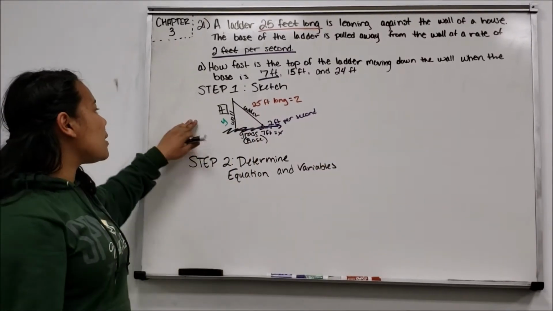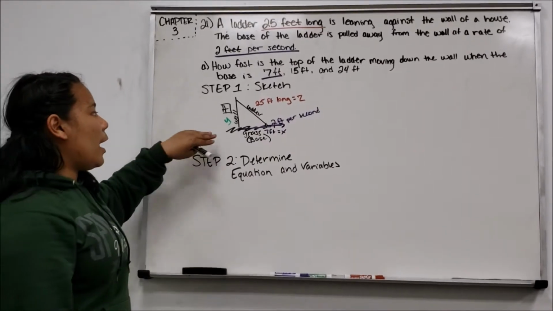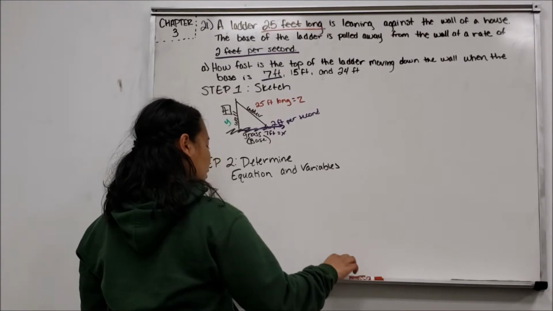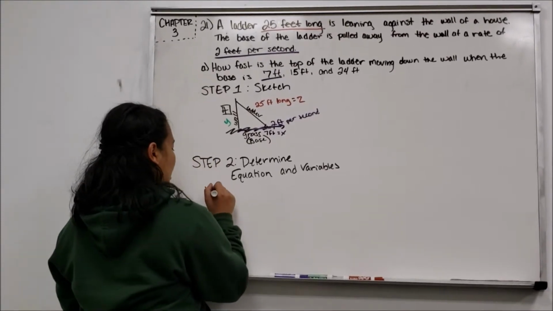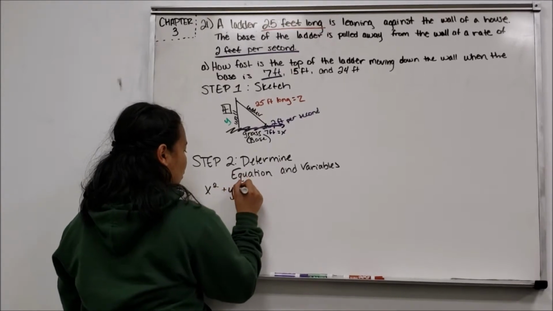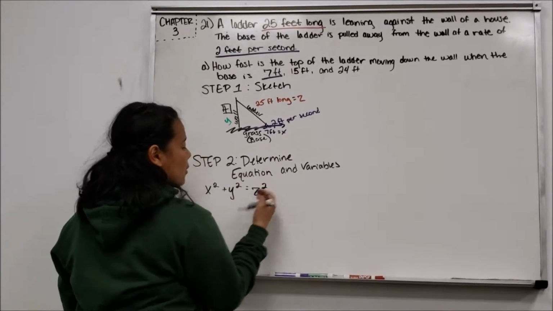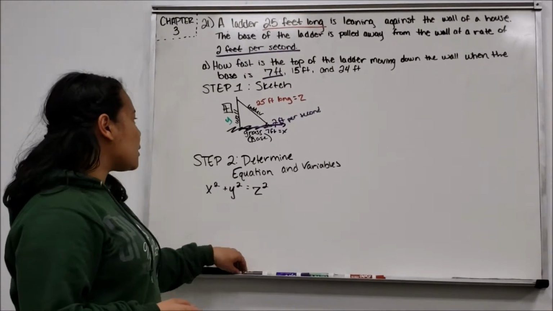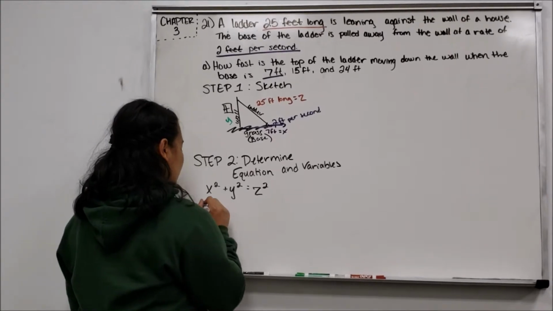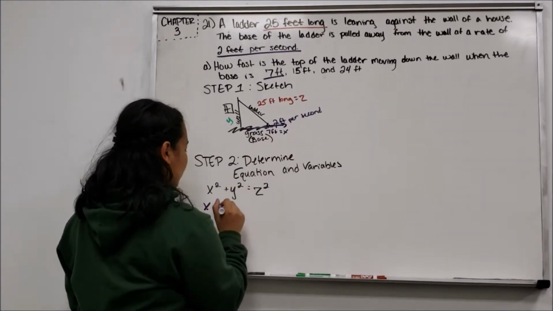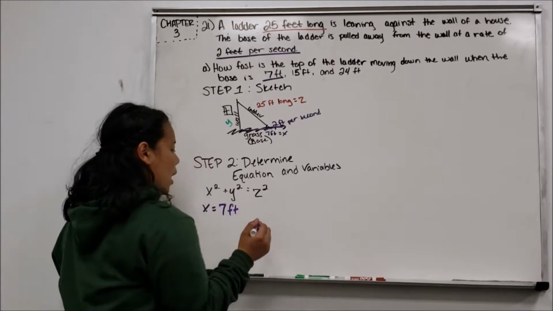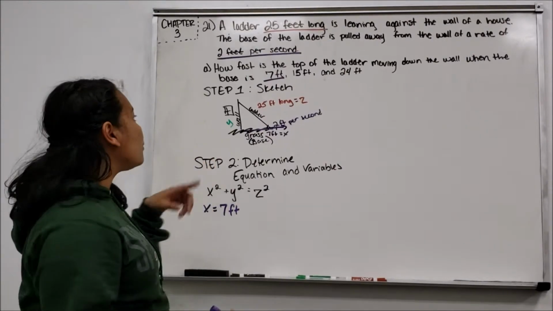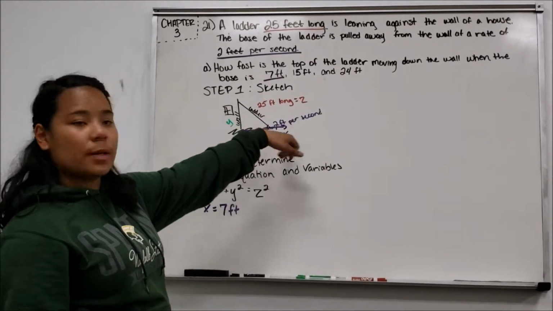Since this is a triangle, we know our equation to be x squared plus y squared equals z squared. Or c squared, some people use c, we use z. Alright, so we know what x is, so we're just going to write that down. We know our x equals 7 feet. And we also know the rate of change of the ladder from how far it's being pulled.